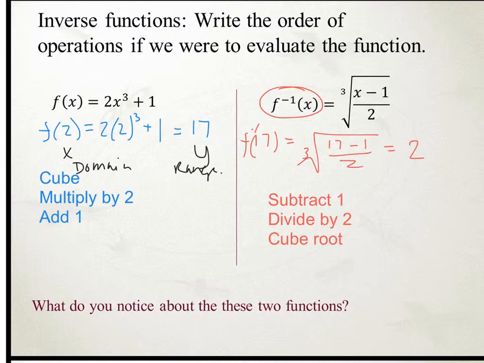So if I plug in my y value into my inverse function, I get out x. So this function does something to the number, and that inverse function does exactly everything you would need to do in order to just get x back. And that's why these functions are important, especially if you're talking about something like encoding and decoding, or direction somewhere, getting back. You do the opposite in the reverse order.